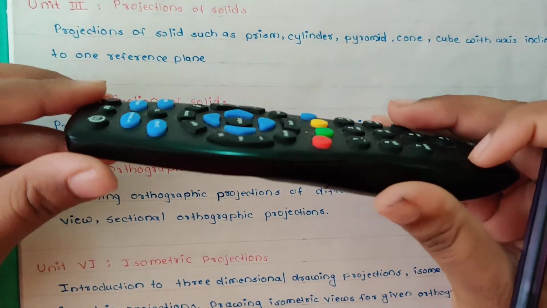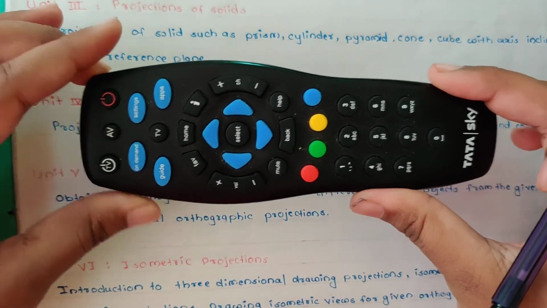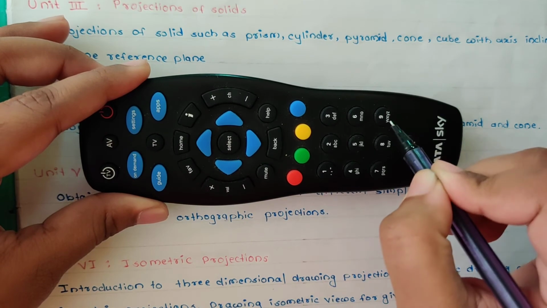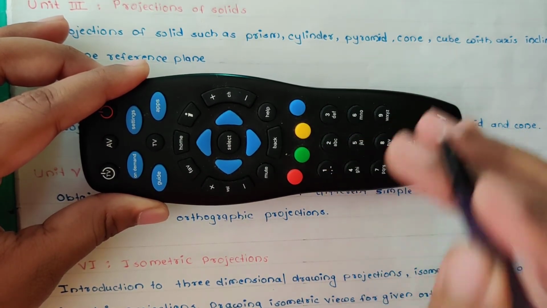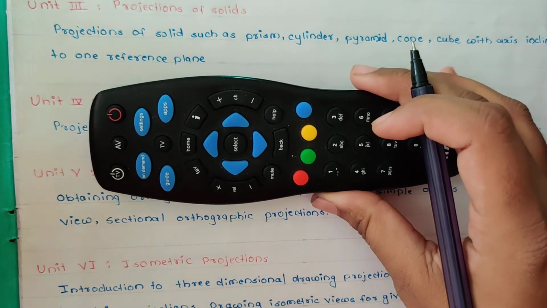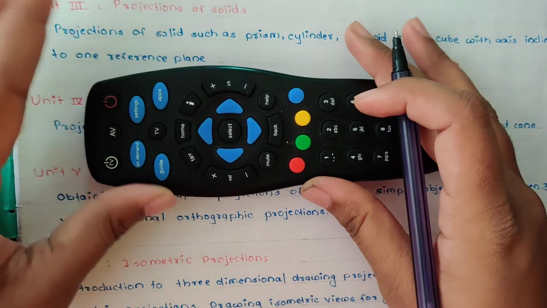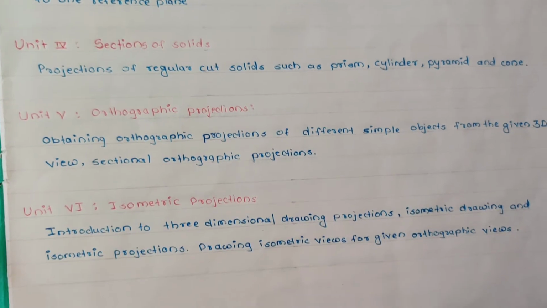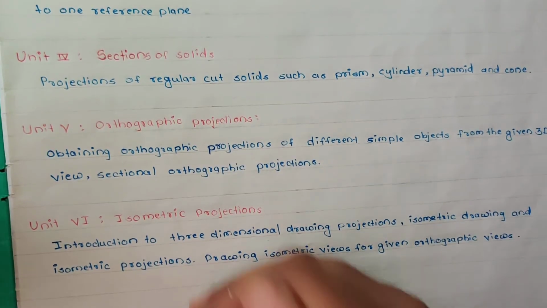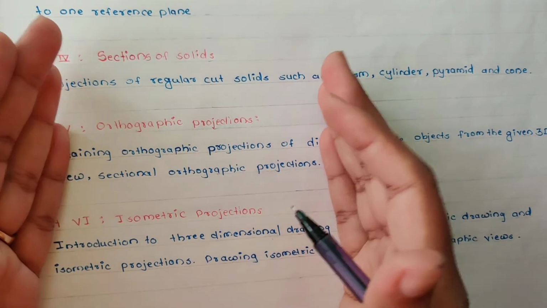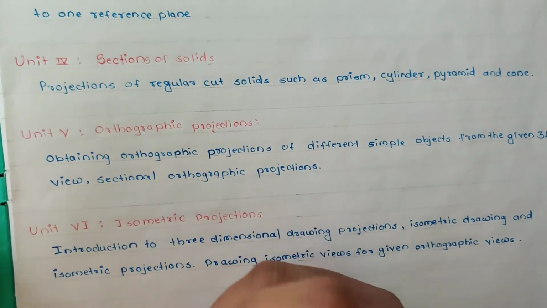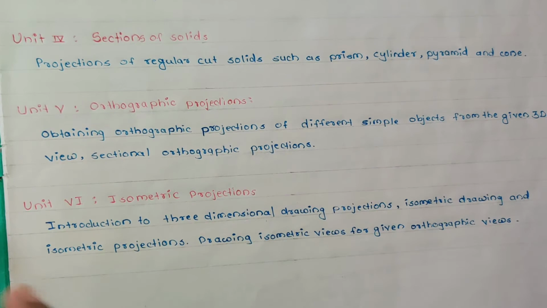This is the component, and we are going to see the front view, then top view, then side view. In case of side view, again there is the left hand side view and right hand side view. And next is isometric projection. In case of isometric projection, the orthographic view is given, and from that we have to draw the isometric projection. So this is the syllabus.